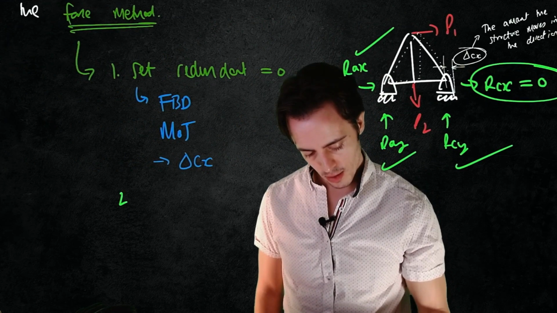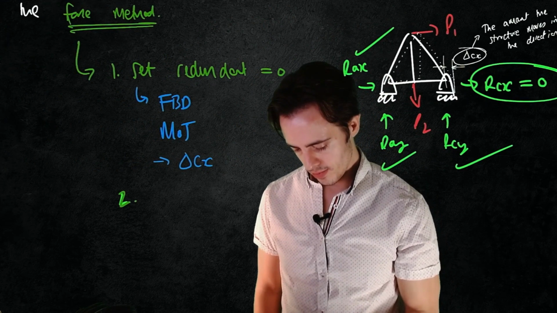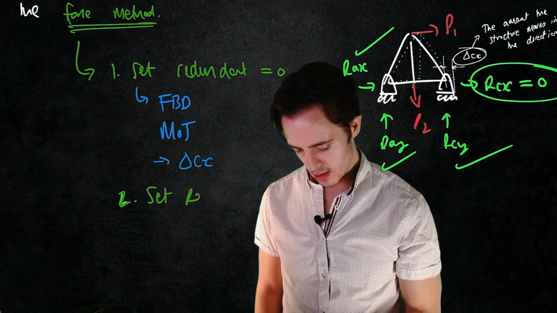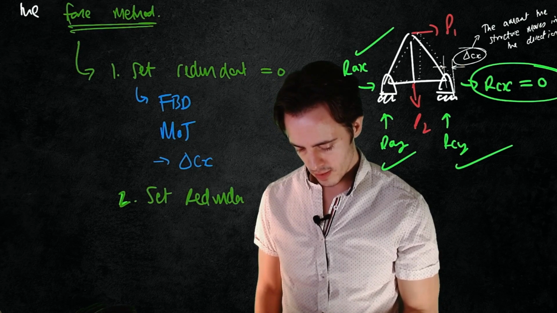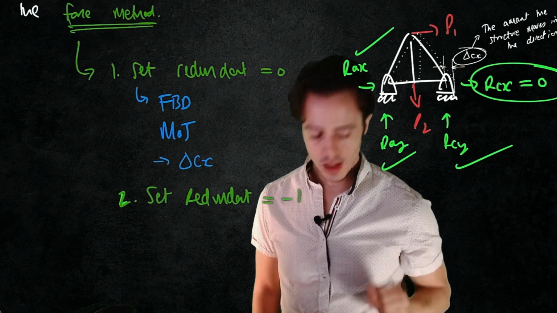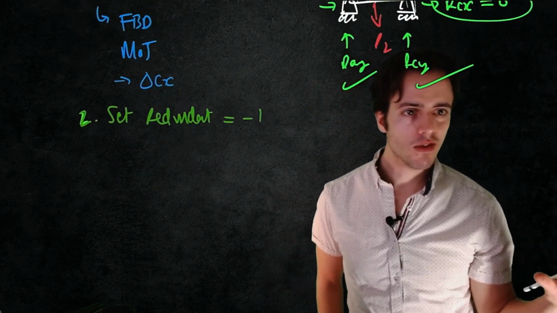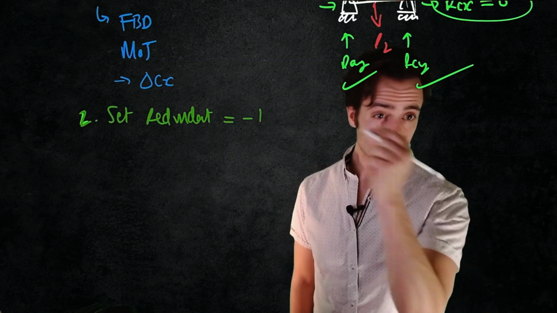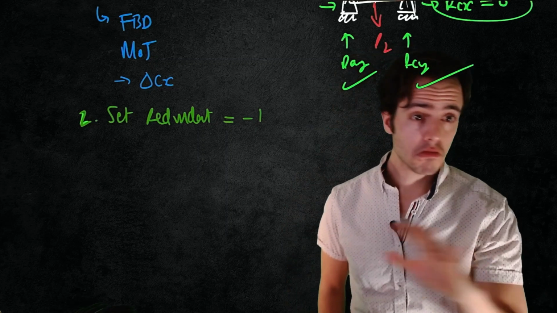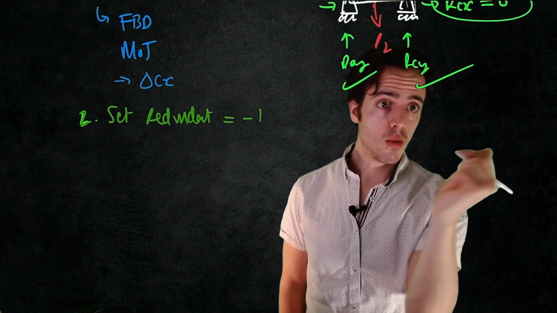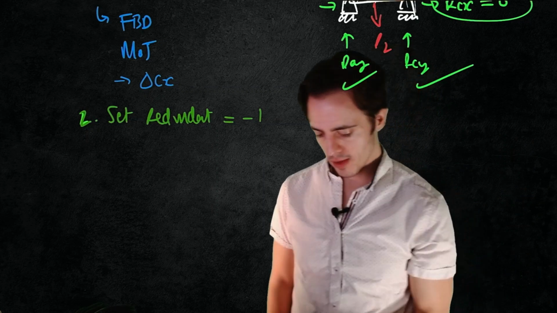Let's go back to my dark green. We then set redundant equal to -1. Okay? Haven't even introduced any virtual forces just yet. This is just part of the force method. No work energy. This is just how we do the force method. We set the redundant equal to -1.